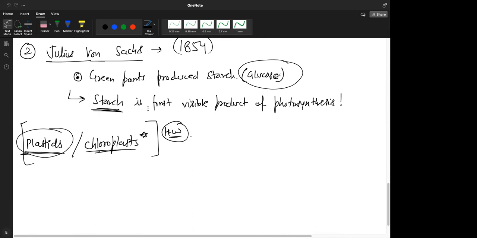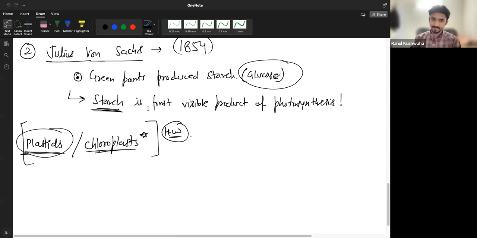So Julius von Sachs discovered in 1854 that green plants also produce a compound called starch or glucose, and starch was the first visible product of photosynthesis. Yes, right. So we figured out two things. Oxygen is released, starch is produced.